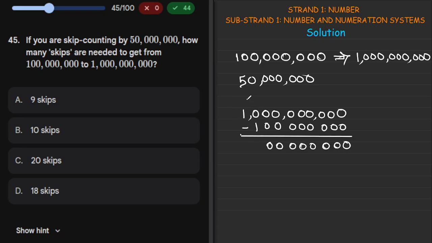So the main deal is here. That is 10 minus 1, which gives us a 9. So that simply means that we need to skip count in 50 millions consecutively till we cover this we have over here.